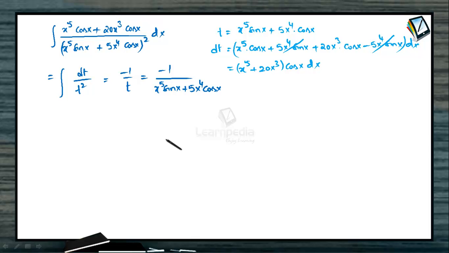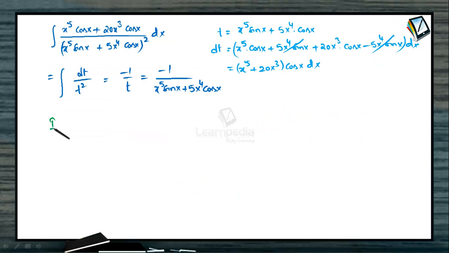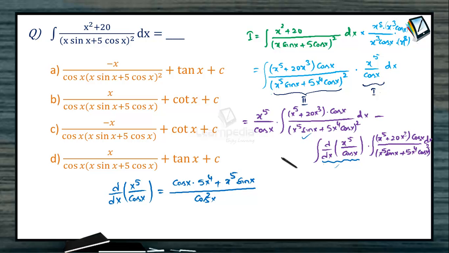So let's go back to our original integral I and substitute the value of the integral as well as the derivative. Then what is the value of the integral I? The value of integral I becomes the first function as it is, x^5 by cos x, into, what was the integral we calculated? Yes, this is minus 1 by (x^5 sin x plus 5x^4 cos x), minus the integral of the derivative term, which we again evaluated separately.